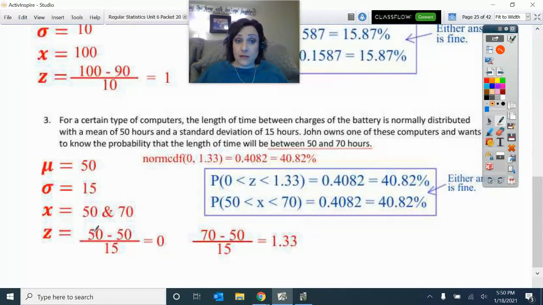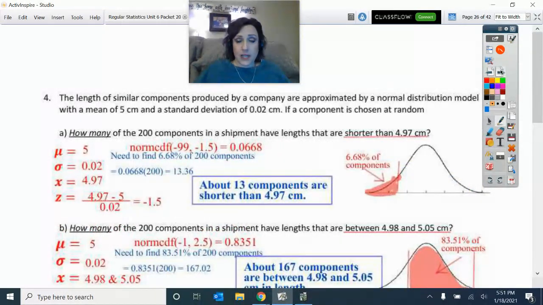One of them is the mean, so that's a z-score of 0. One of them is 70, so that's a z-score of 1.33. So we're going to norm CDF between 0 and 1.33 to get our area. Notice how this notation is 4 decimals and then a percent. Okay, here we go. Oh, this one, now we want to know how many items.